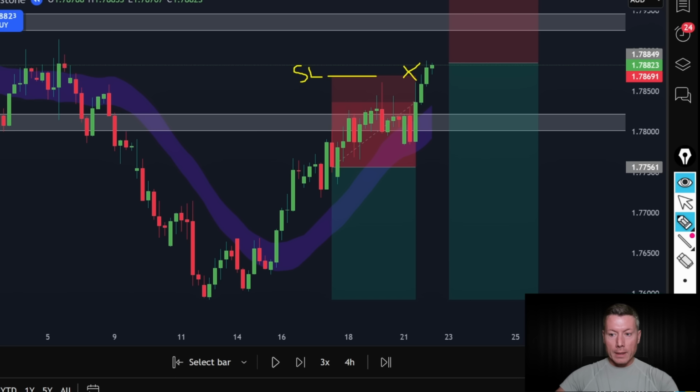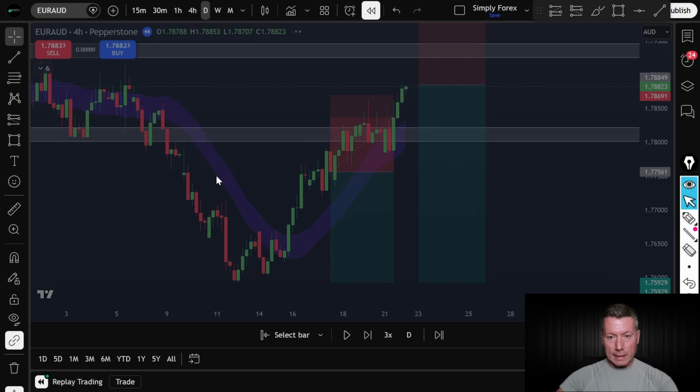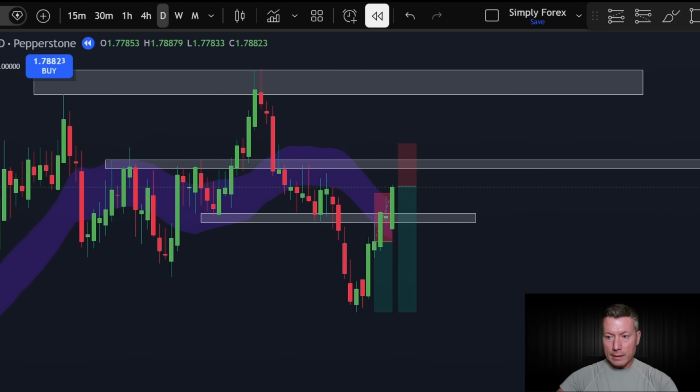My point here is this. If we go back to the daily chart now, you can clearly see that we are still in this downtrend, but this level didn't hold. So it makes sense that we can take sells from the next level.